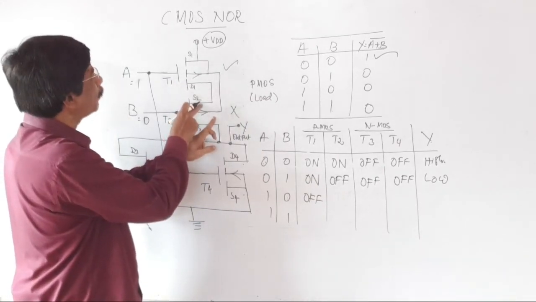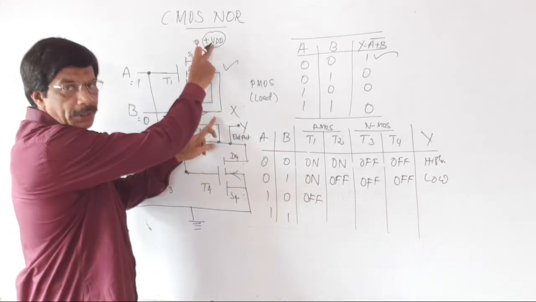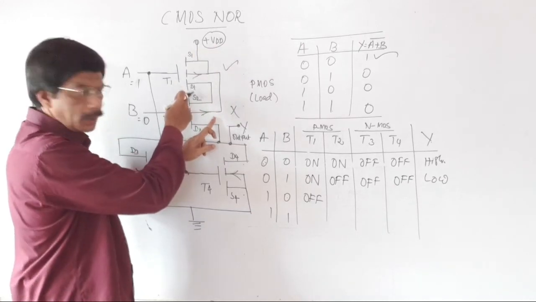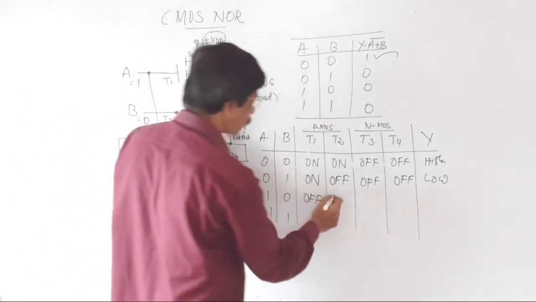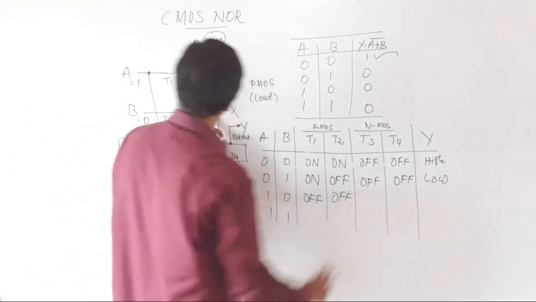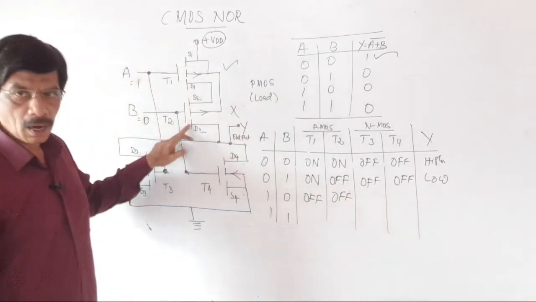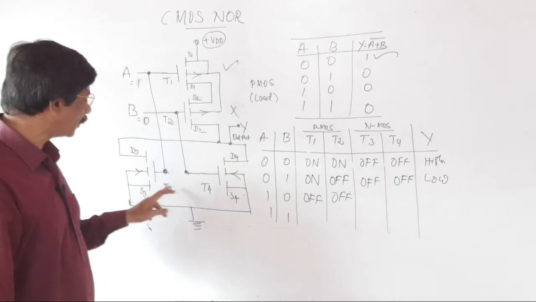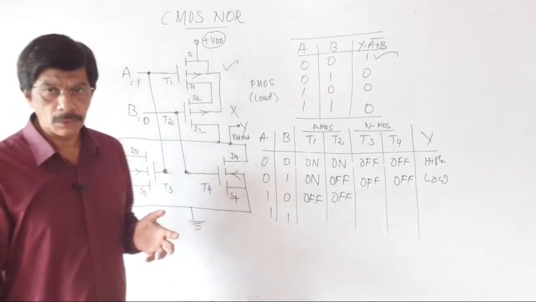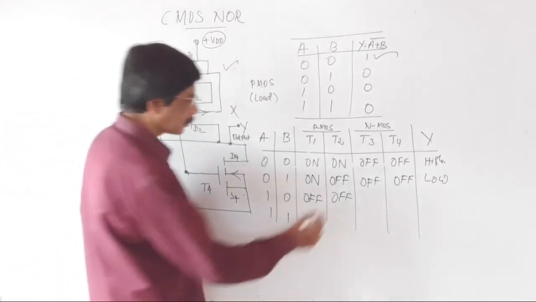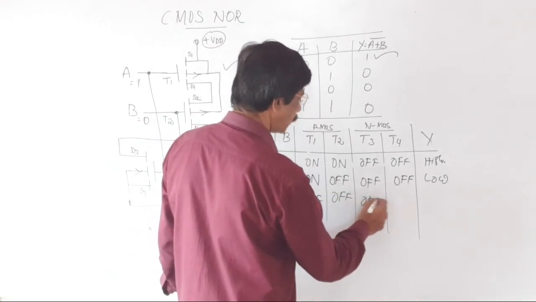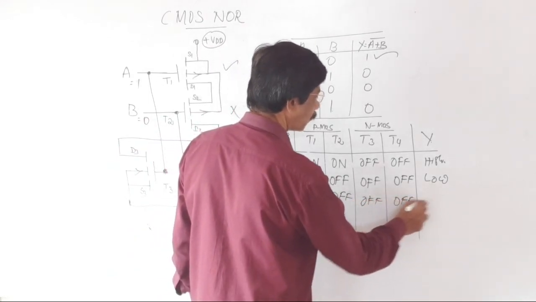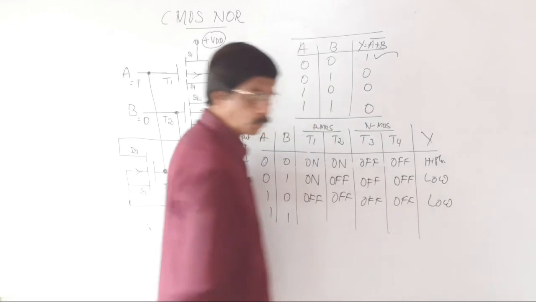The source terminal is not connected to plus VDD because it is acting as open, therefore T2 is also off. When both transistors are off, there is no possibility to switch on the transistors T3 and T4 even though the inputs are present. So again T3 and T4 are off, and you finally get low output.